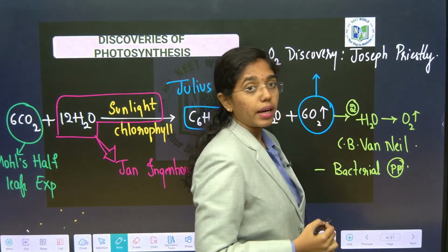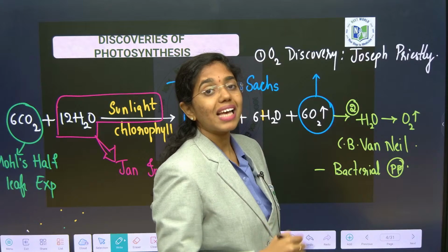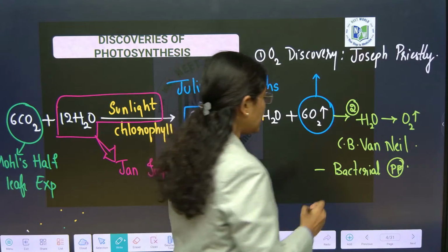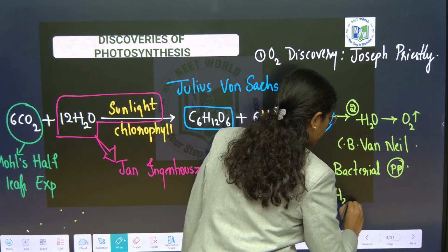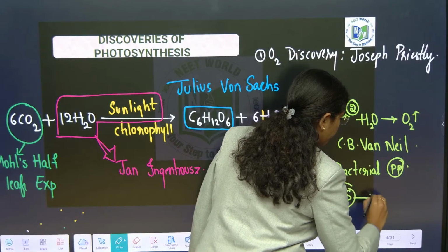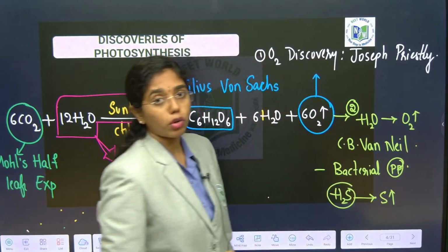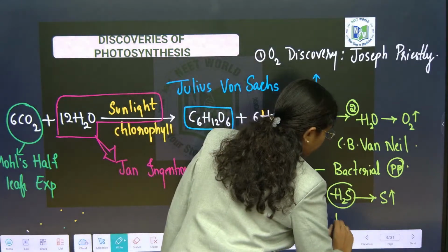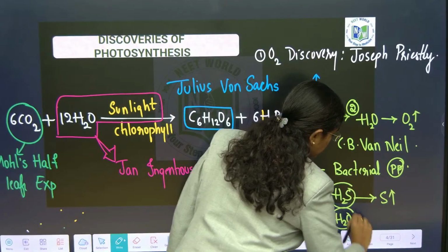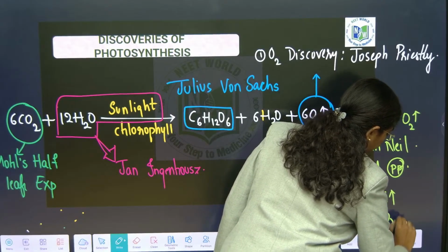Here in bacterial photosynthesis, as it is anoxygenic photosynthesis, H2S will be the electron donor, releasing sulfur. In the same way, in oxygenic photosynthesis, water will be the electron donor, releasing oxygen.